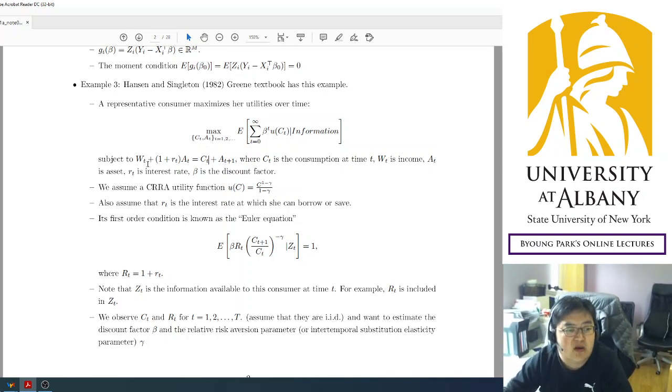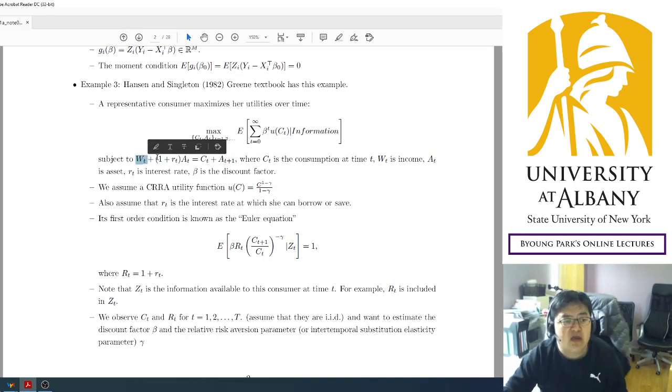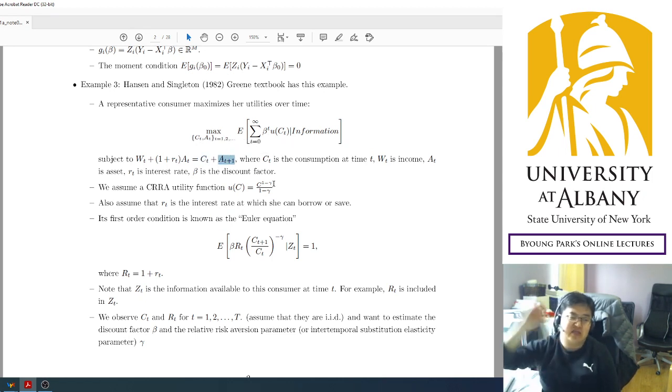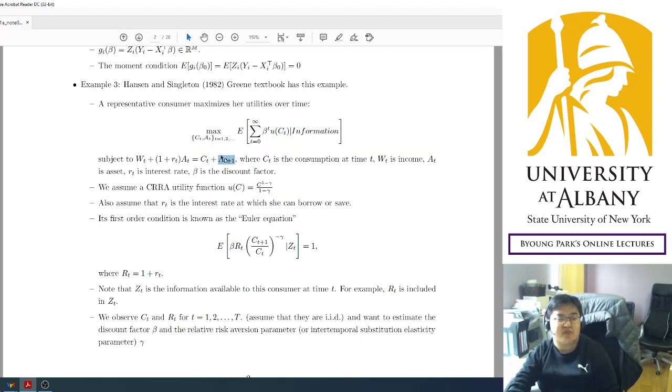So the budget constraint goes like this. W is the wage, and R_t is the interest rate. A_t is your asset, I said. C_t is the consumption. A_{t+1} is the asset you will have in the next period. So the balance of the asset.